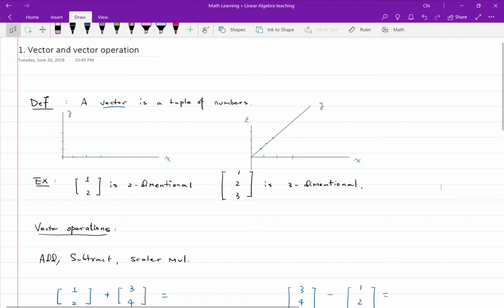So firstly, our main actor today is a vector. So let's first define what is a vector. So a vector basically is a tuple of numbers. And don't let the word tuple scare you. Tuple is just a fancy way of saying a bundle of numbers.